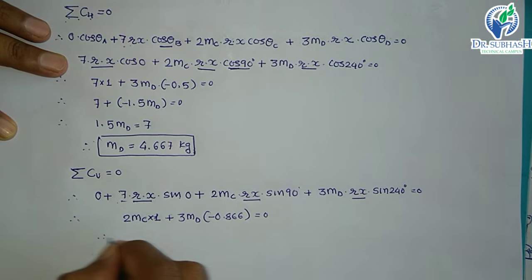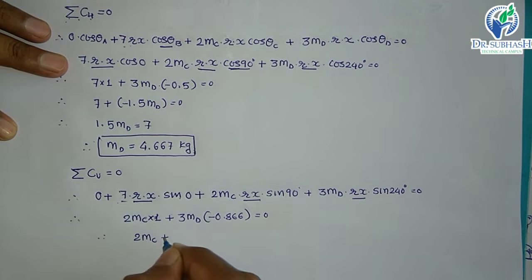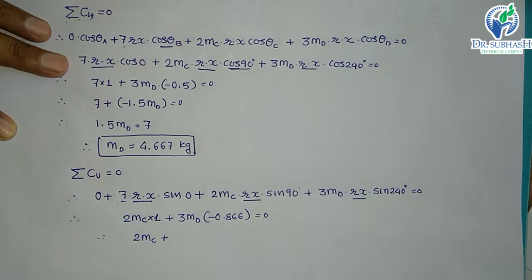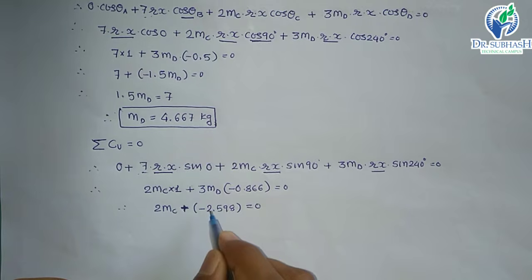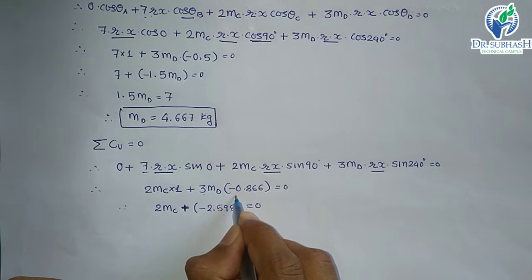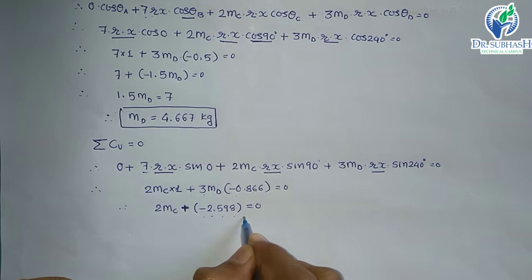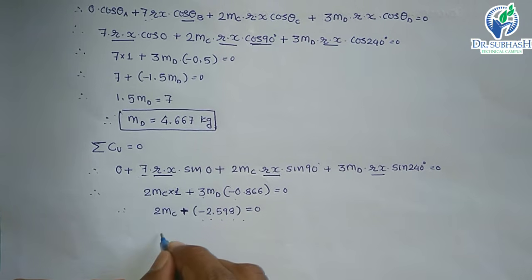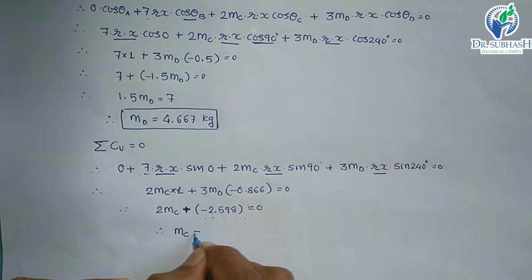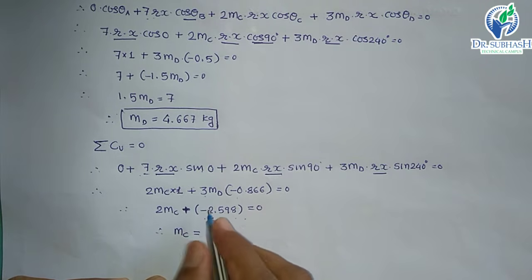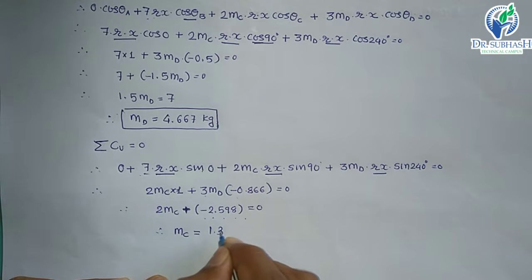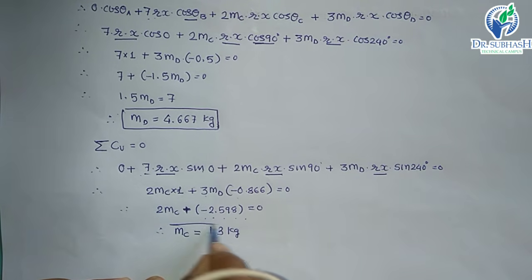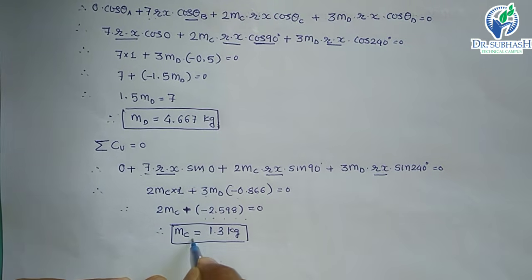So we get 2mc plus, now if we multiply 3 into minus 0.866, then we get minus 2.598. So here if we simplify, then we get mc is equal to 1.3 kg. So now we have two known values, mc and md.